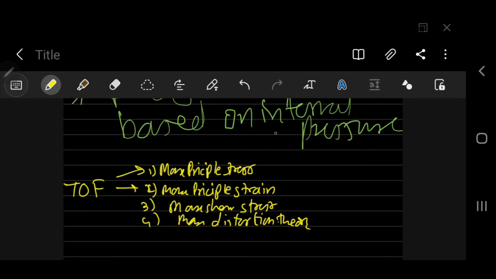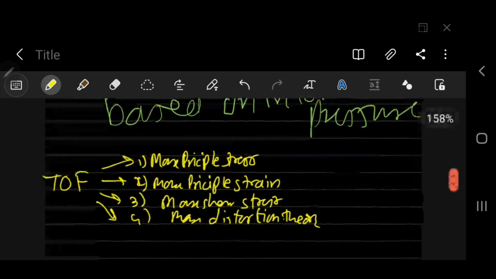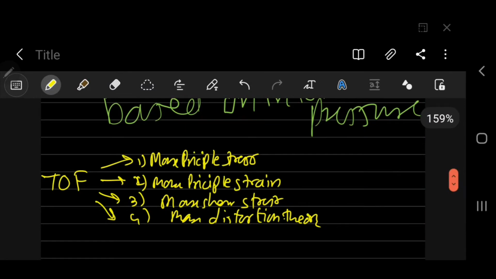Okay, so using these 4 theories of failure, we will calculate the thickness of the cylinder which will be able to withstand the internal pressure. There are 4 formulas which are derived by these theories, and I think that the formula is not required. It can be asked to derive in the theory exam.